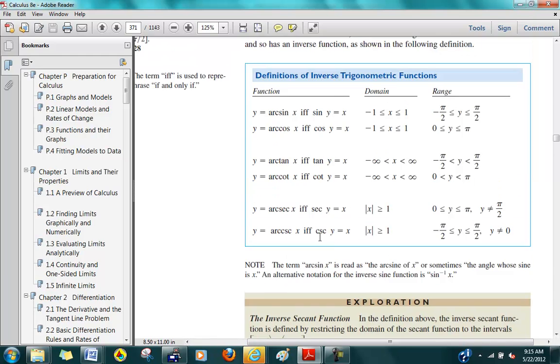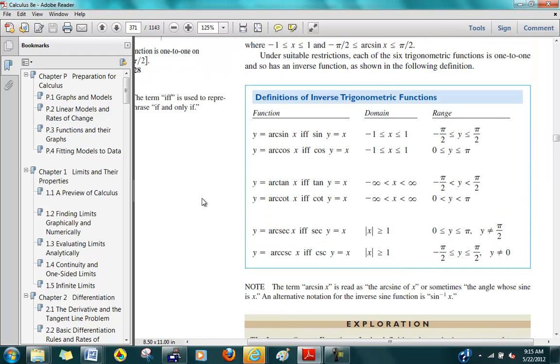It's this table here with the extensions to COT, SEC, and CSC, on page 371. I'm not going to spend time on it right now. You've got a book, you can read that and make it part of your notes.